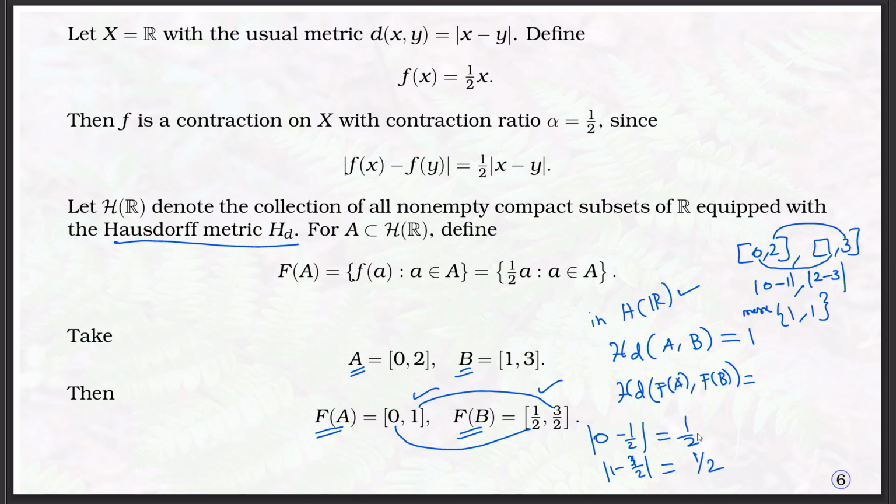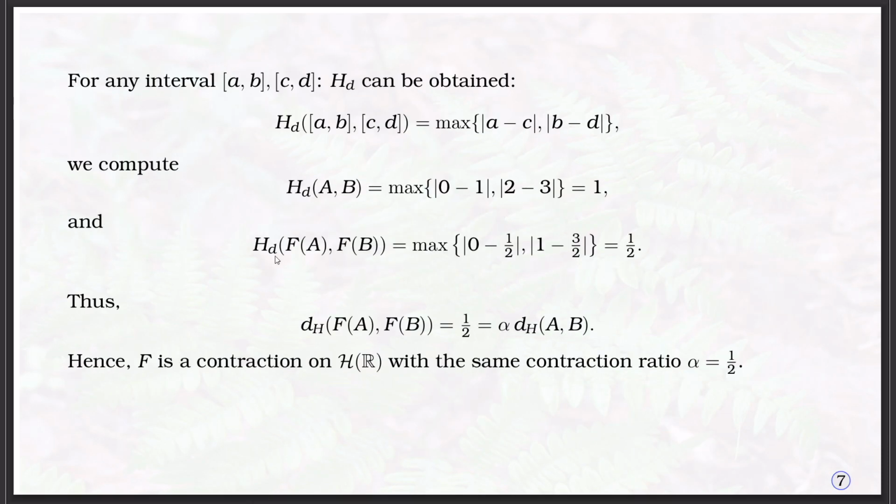So the maximum between these two numbers is 1 by 2. Therefore the Hausdorff distance HD of f of A and f of B is 1 by 2.